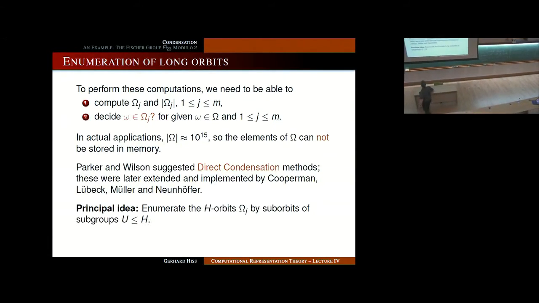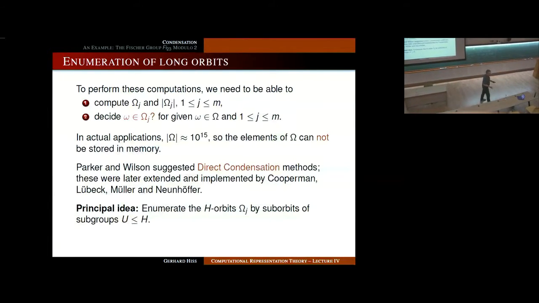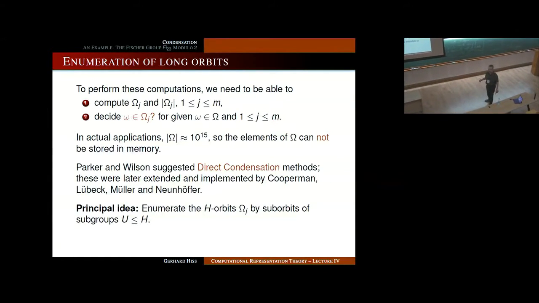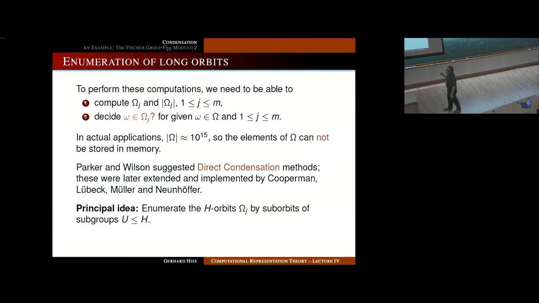Instead of enumerating the H orbits, we look at suitable subgroups and first enumerate the orbits for the subgroups. It's quite sophisticated, and if this doesn't work, you iterate this idea. You look at subgroups of the subgroups.